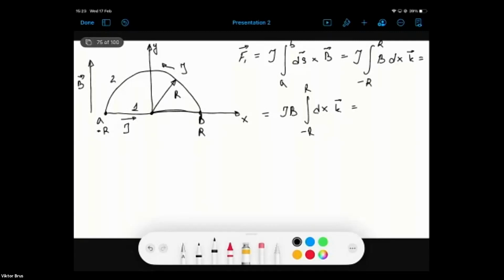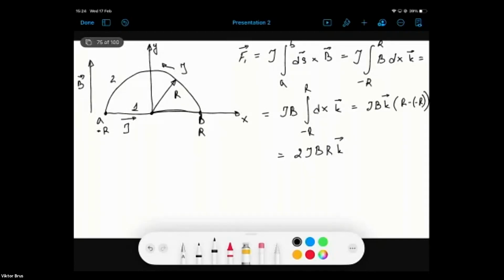And this will be equal to I times B times k vector times r minus minus r, which is equal to 2 times I times B times r and our unit vector, which defines the direction of this force.